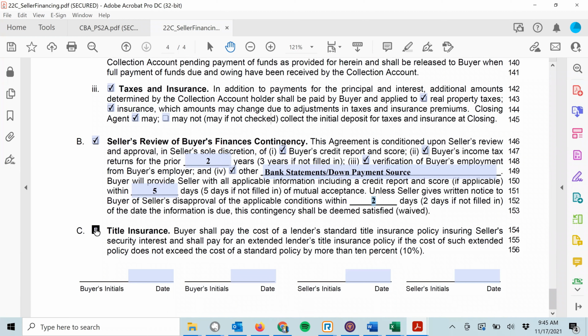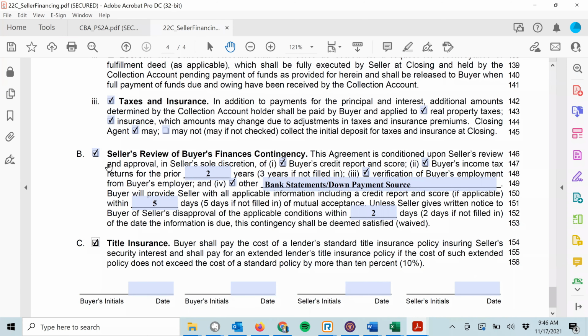Title insurance. So when there's not a formal lender involved, there isn't a mandate or a requirement that title insurance be obtained. You should always get title insurance. There's too much risk. The reason people don't like title insurance is because they don't understand it, and it costs typically $1,000 to $2,000.